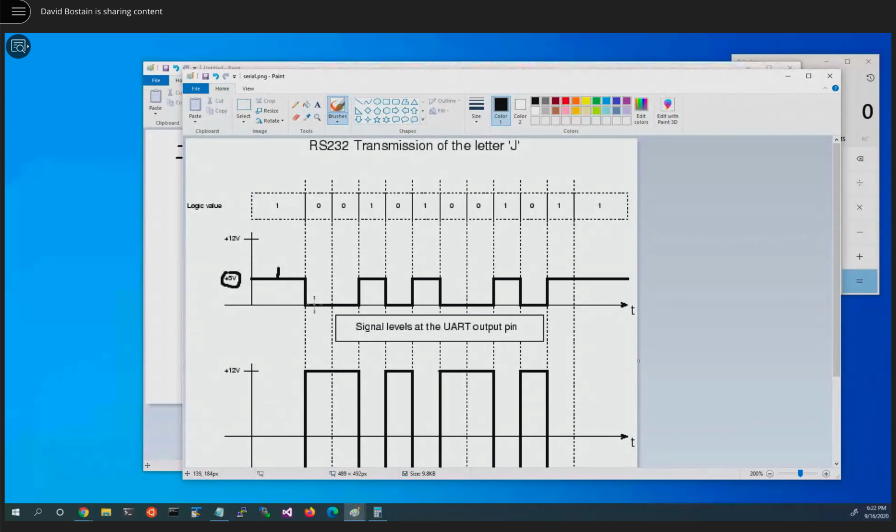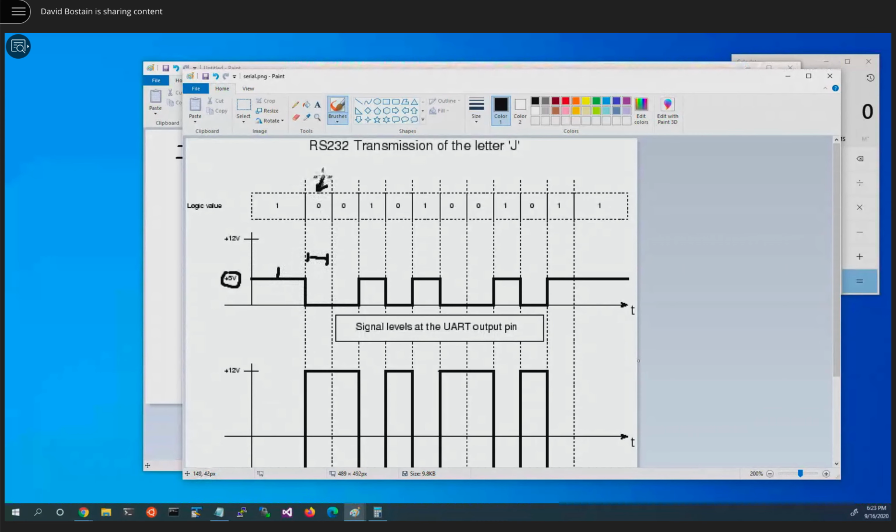So the way we start a transmission is using a start bit. And a start bit is when we have been idling at 1, meaning we're not sending a character right now, and we see a transmission on the data line that drops to 0. For this period of time right here, we're asserting a start bit.